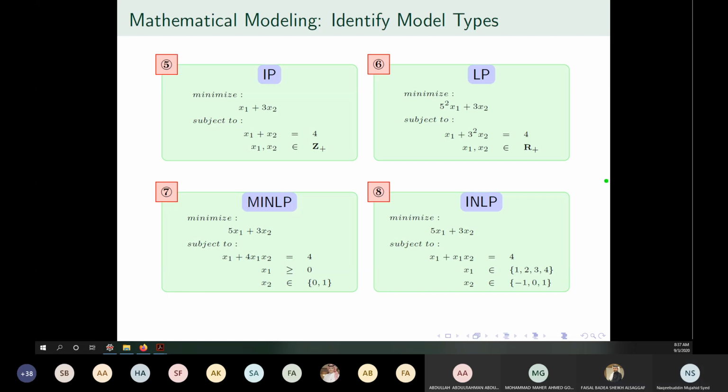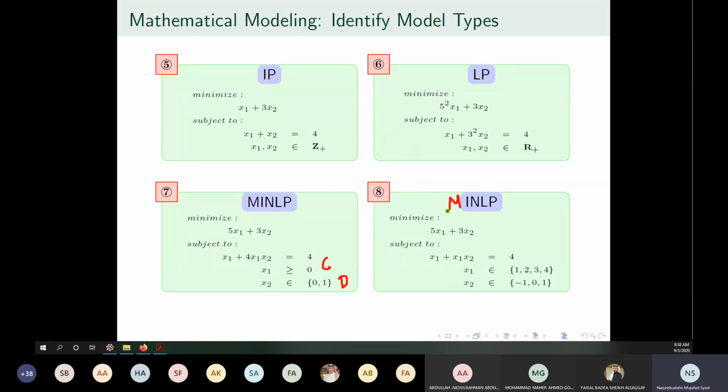What is the difference between MINLP and INLP? Not really a big difference. In general, you can call it MINLP. What does M stand for? Mixed. It means some of the variables could be continuous, some could be discrete. If you pick any paper or book, most of the time they call it MINLP, although it is INLP.